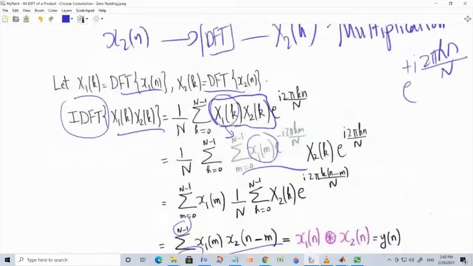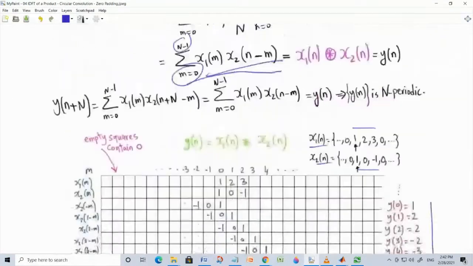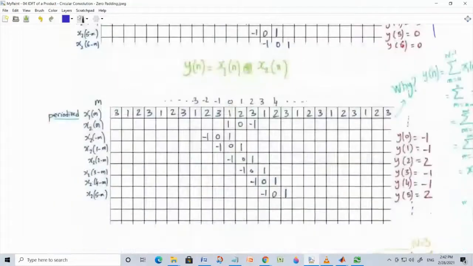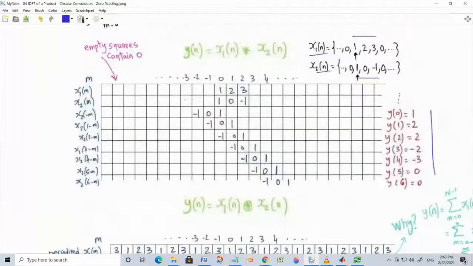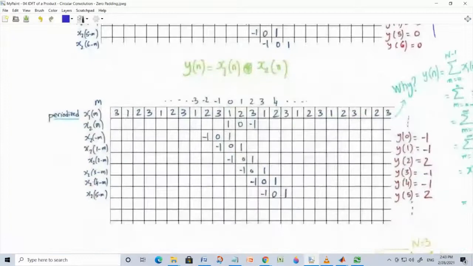But if you play the above game with the inverse DFT, it will not give you this result. It will give you circular convolution, as if we take one of the signals and periodize it everywhere. We take those samples 1, 2, 3 and keep repeating them to the left and to the right. And then we convolve.